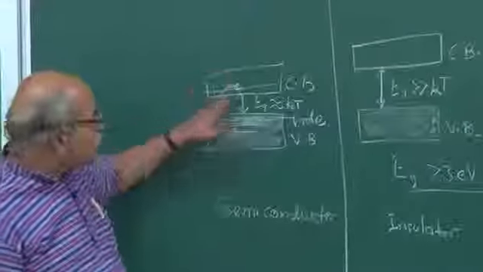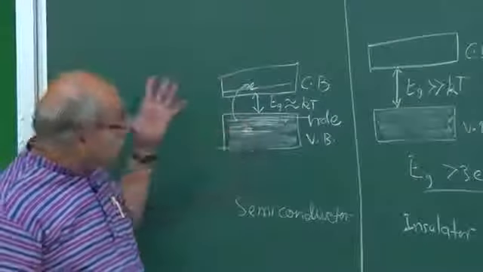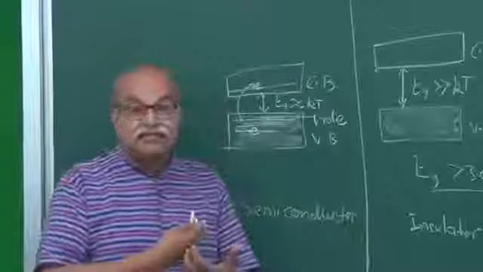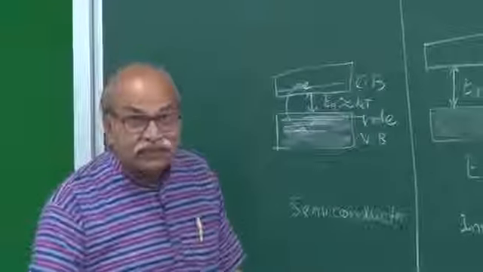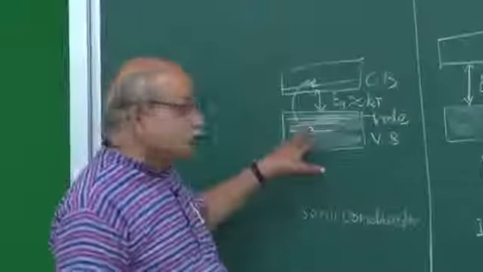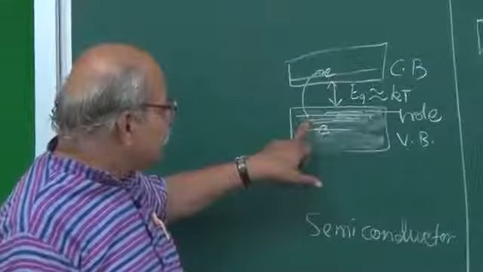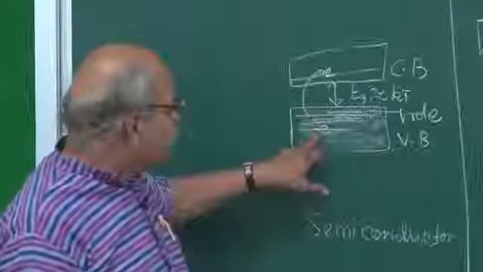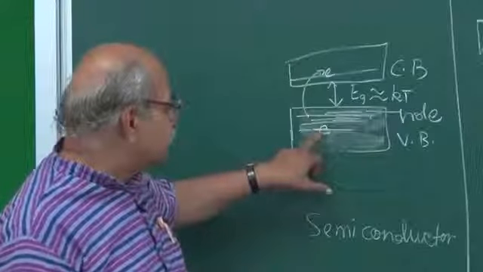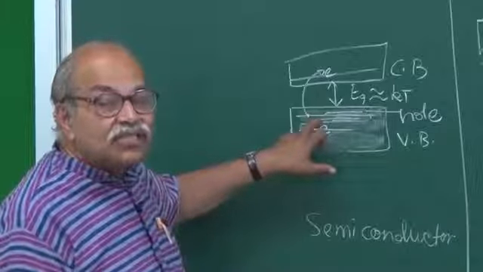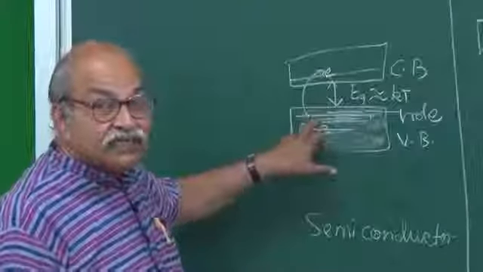Once the electric field is there, it is on the entire material, so this electron will also feel that electric field, and if there is an empty quantum state here, this electron can accept energy from the electric field and go here, and that will also constitute a current in the material.